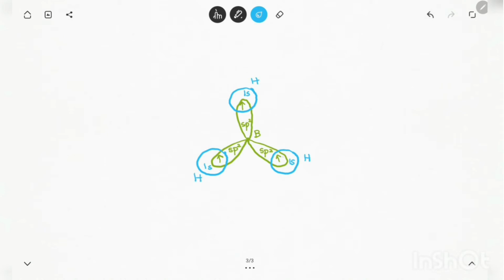Each hydrogen atom brings 1 electron, so the overlapping between boron and hydrogen will form a sigma bond. So this is the overlapping for BH3.